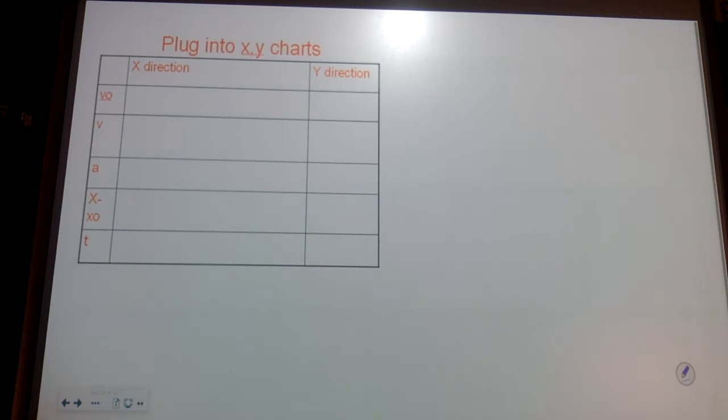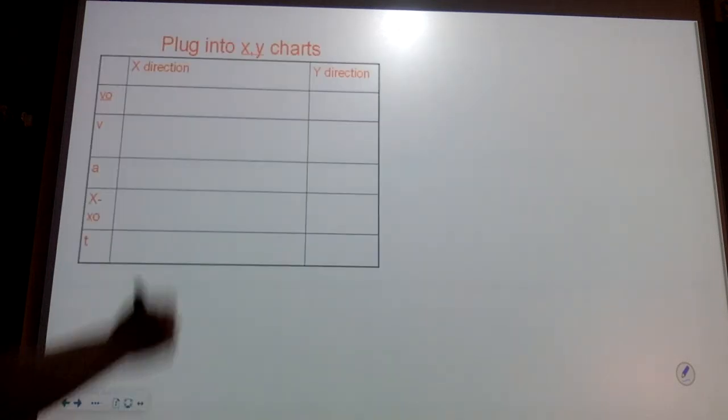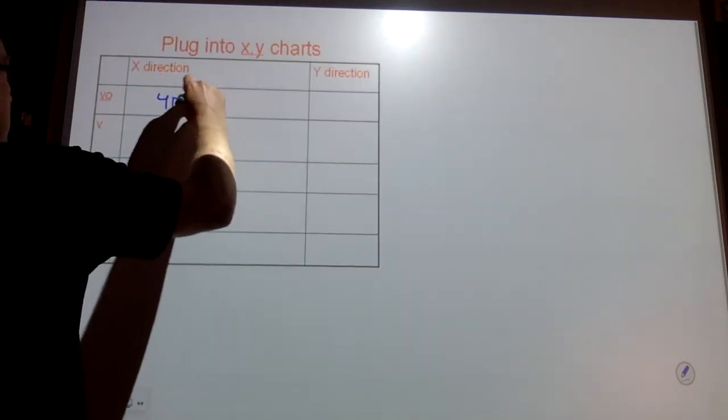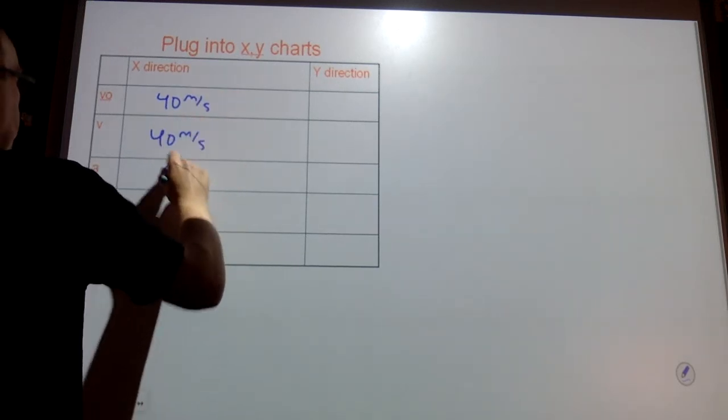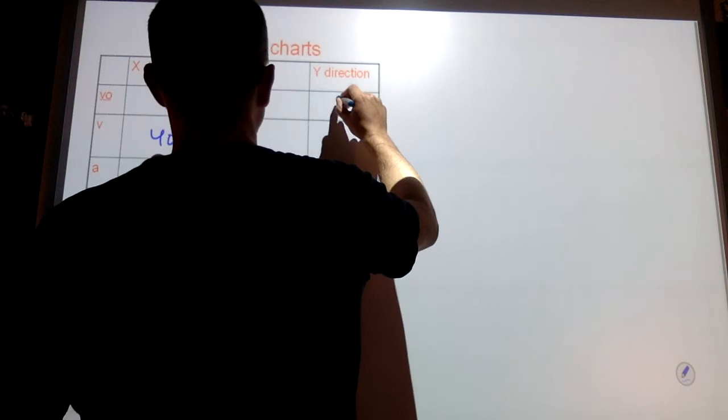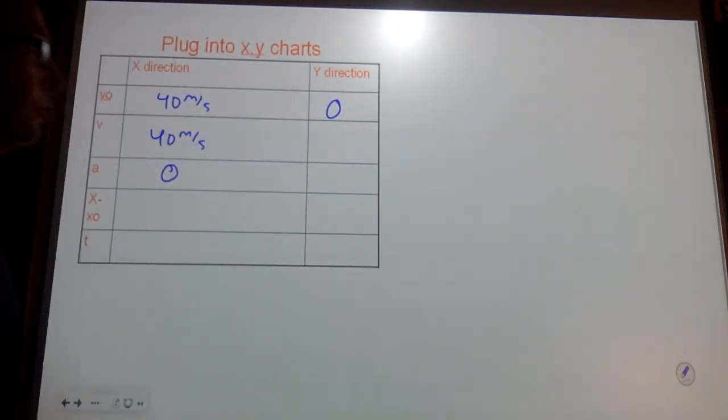Again, plugging these in, I know that my initial velocity is 40, which means my final velocity is 40, which means my acceleration is 0. If it's all in the X direction, my y direction velocity starts off being 0.